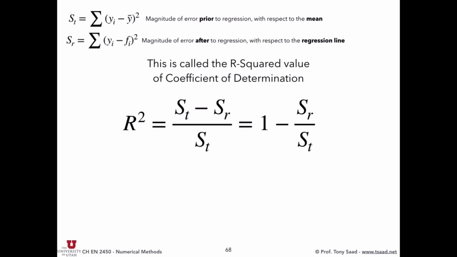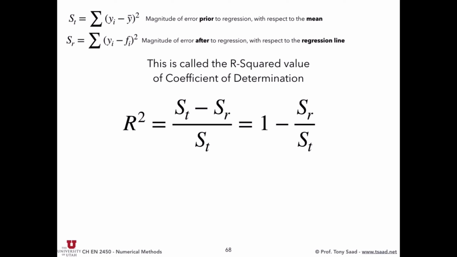Now, we also defined SR, which is a similar measure to ST, and that was the spread of the data around phi, which was the line. And remember, the mean value is just one value. That's why you see y bar up there. But the regression line has a different value for every data point, and that's why you see phi i.